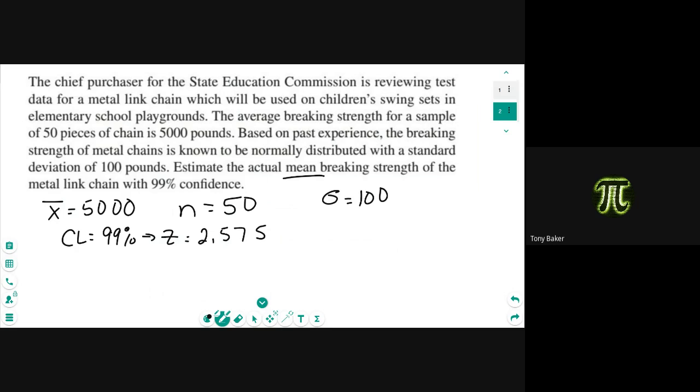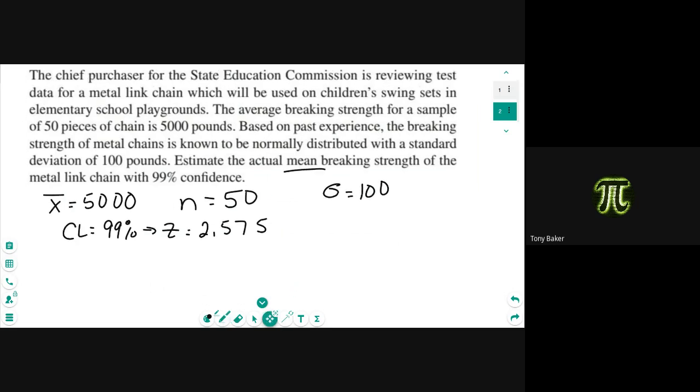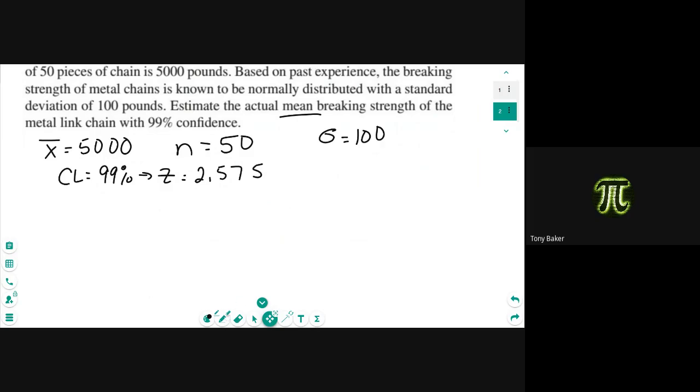What was my formula? It was x-bar plus or minus Z times the standard deviation over the square root of n. All right, so find me my range.